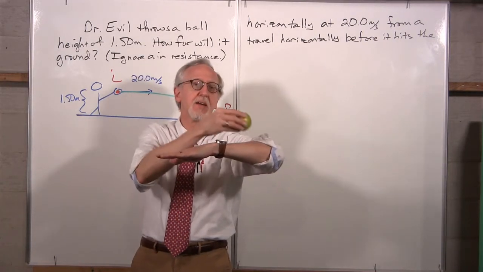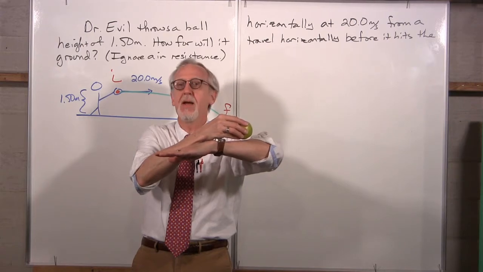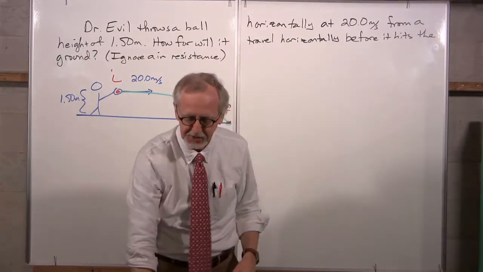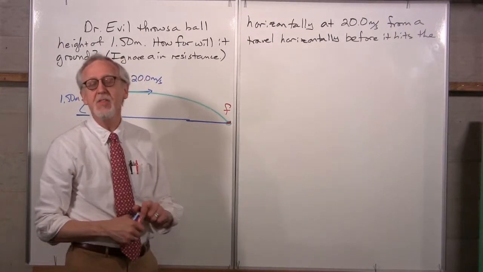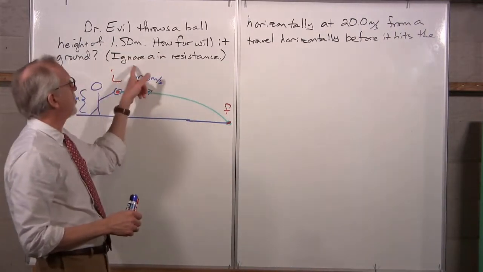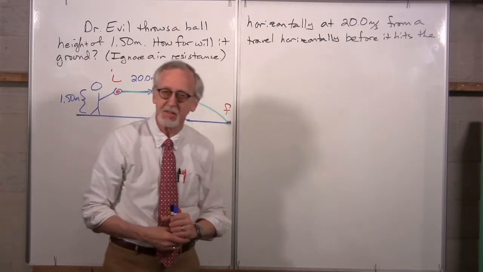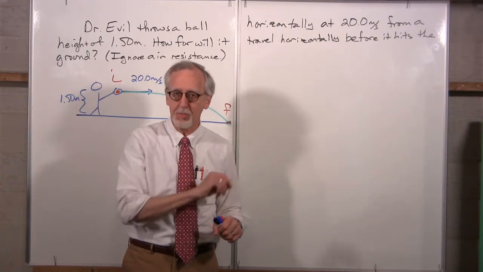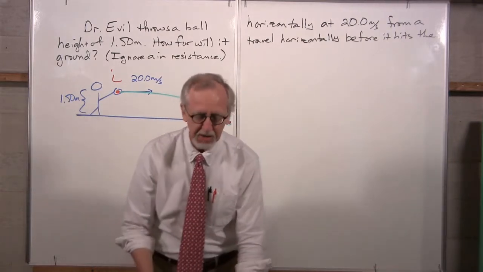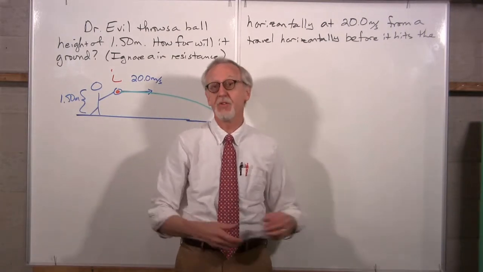We are assuming that the acceleration is uniform all the way to the point where just as it touches the ground. We can assume that the acceleration is only the acceleration due to gravity because we're told we're supposed to ignore air resistance. And we're always going to be doing that for any of these projectile problems. Projectile problems basically mean the motion of something as it flies through the air.